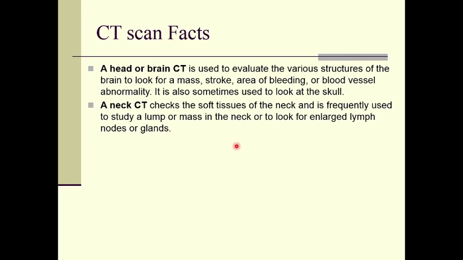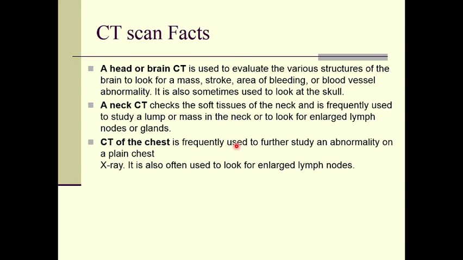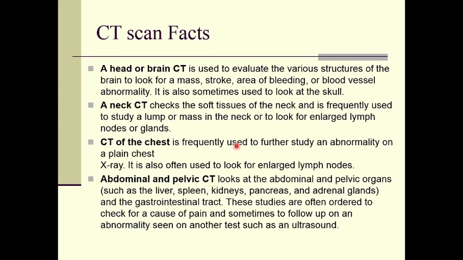A neck CT checks the soft tissues of the neck and is frequently used to study a lump or mass in the neck or to look for enlarged lymph nodes or glands. CT of the chest is frequently used to further study an abnormality on a plain chest X-ray. It is also often used to look for enlarged lymph nodes.